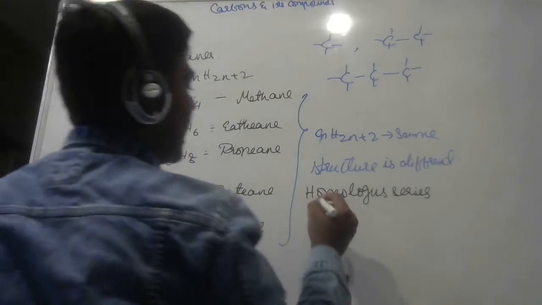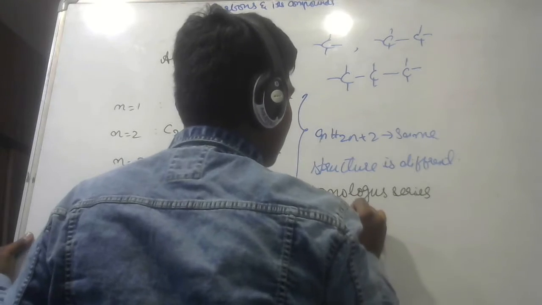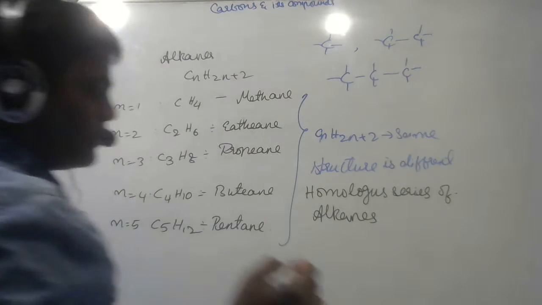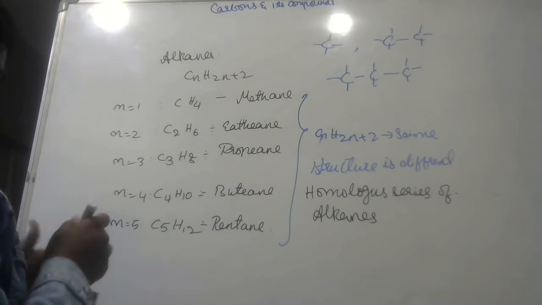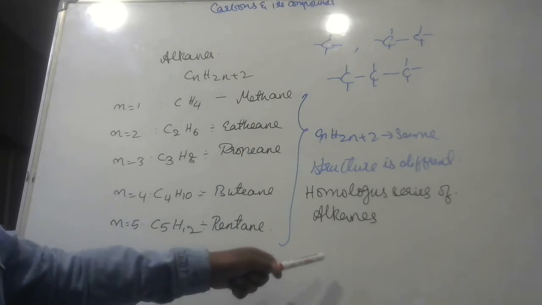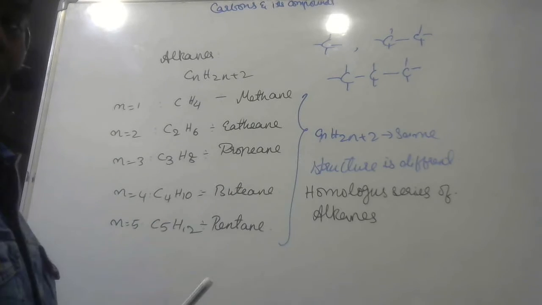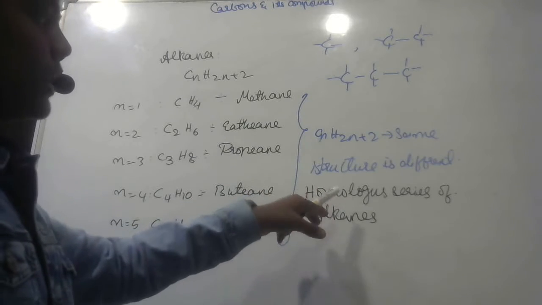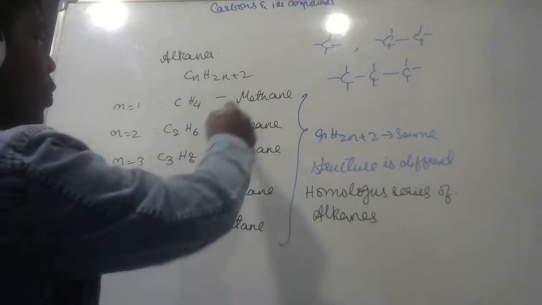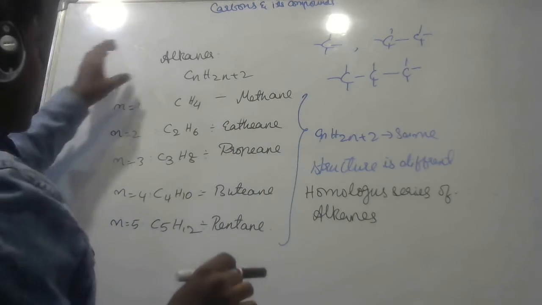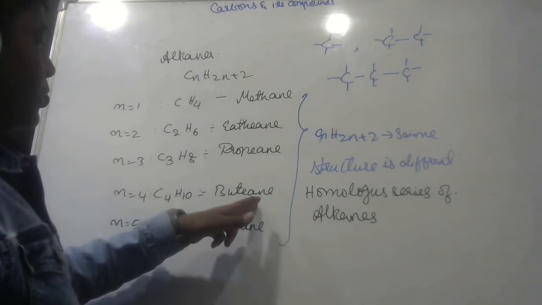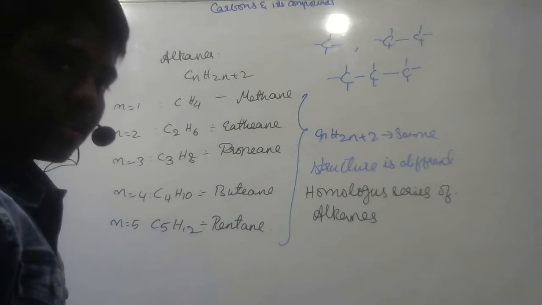We are talking about the homologous series of alkanes, which means they have the same general formula but different structures. These are known as homologs. So we saw that methane, ethane, propane, butane, and pentane form a homologous series.